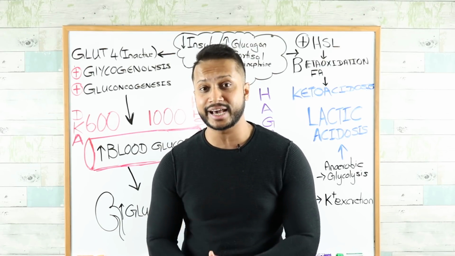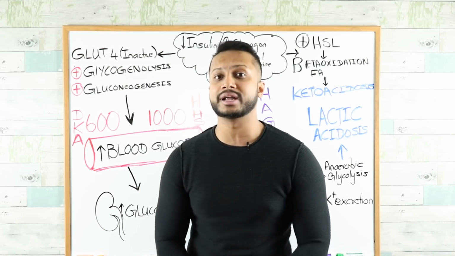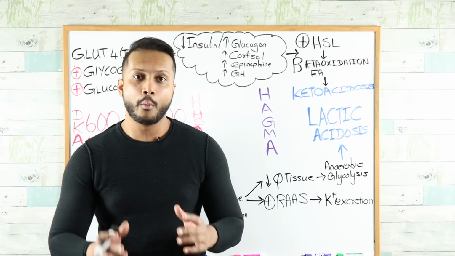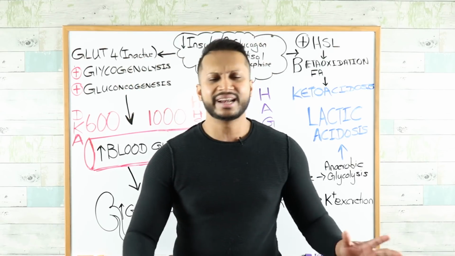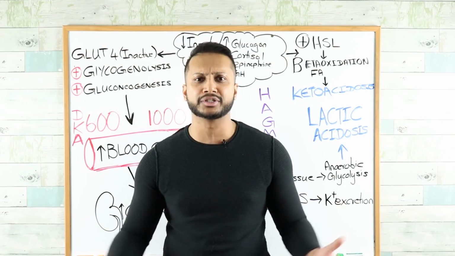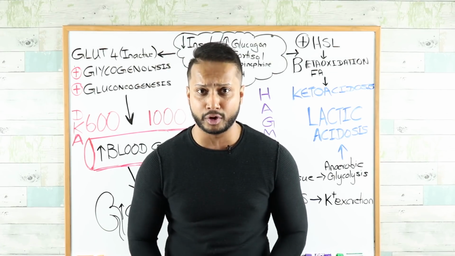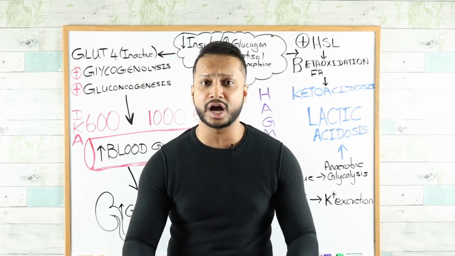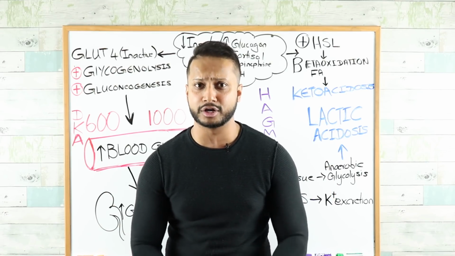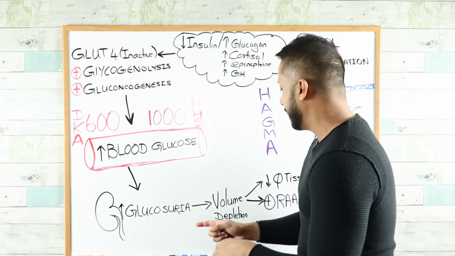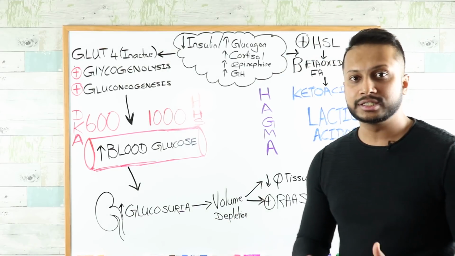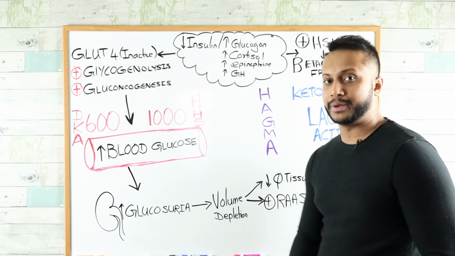So therefore HHS presenting later on is going to have a much higher fluid deficit when compared to a person with DKA. Nevertheless, 7 or 9, guys, the patient has fluid deficit. That's very important for you to realize, okay? Patients are going to require a lot of fluids when you're going to manage them. So fluid deficit, essentially volume depletion, is the main problem that's going to be happening in a patient with DKA or HHS.